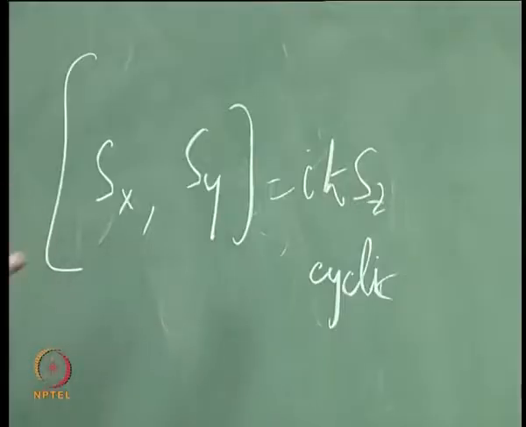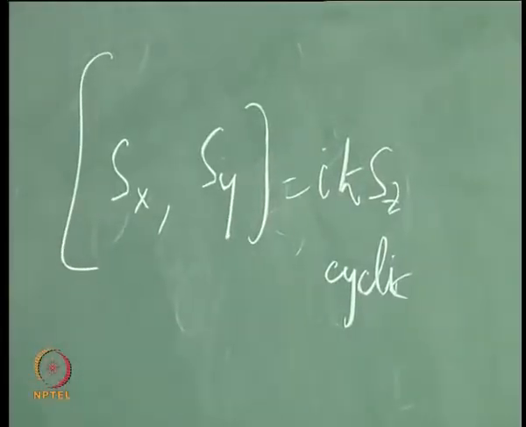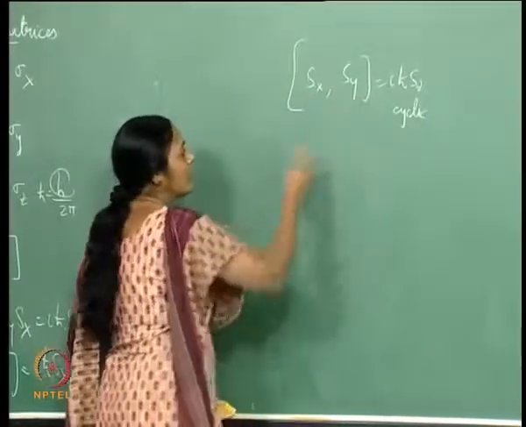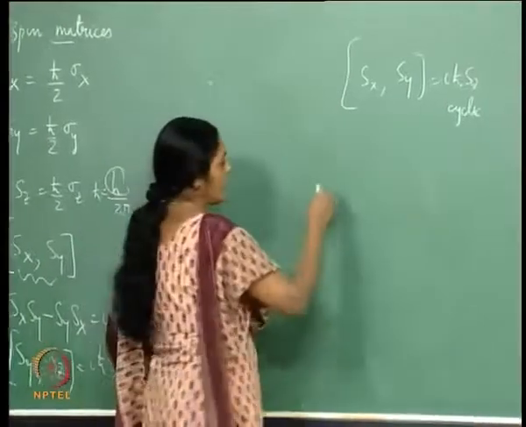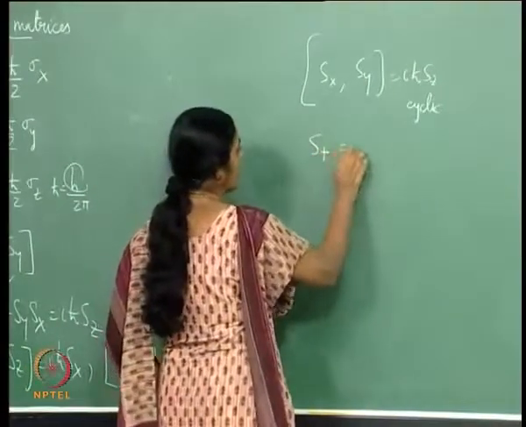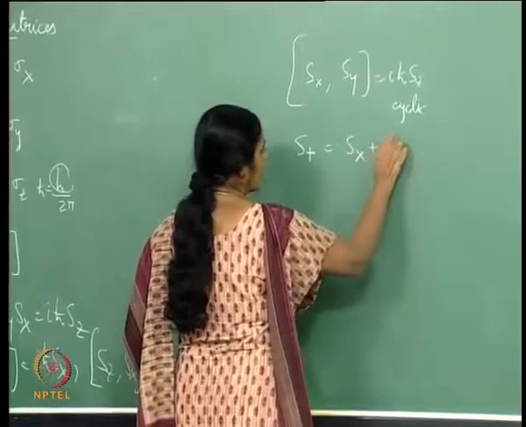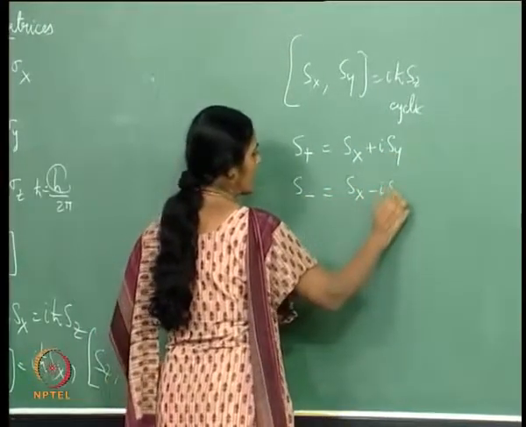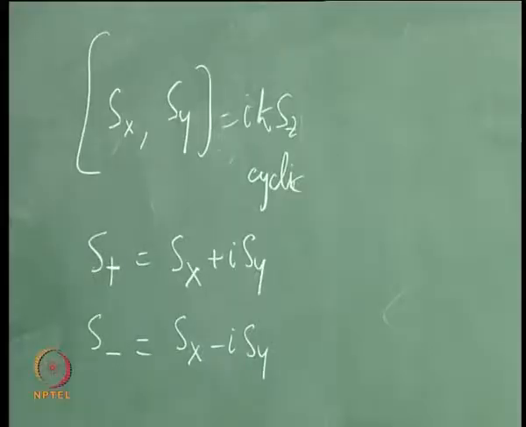Replace xy by yz, yz by zx. It is given in terms of 3 Hermitian matrices Sx, Sy, Sz. Instead, I can define an S plus, which is Sx plus i Sy, and an S minus, which is Sx minus i Sy.